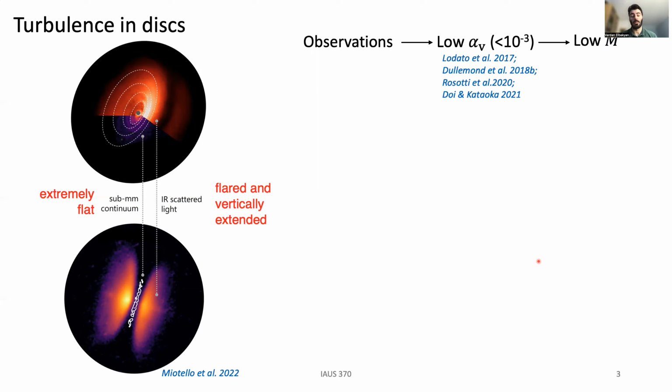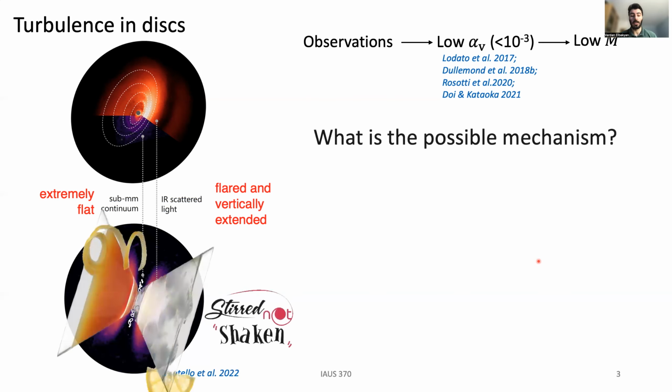Which means that there is some inconsistency with the observations. So we need some mechanism that transports the mass and angular momentum efficiently, stirs up the micron dust, and does so without making a lot of turbulence in the midplane of the disk.